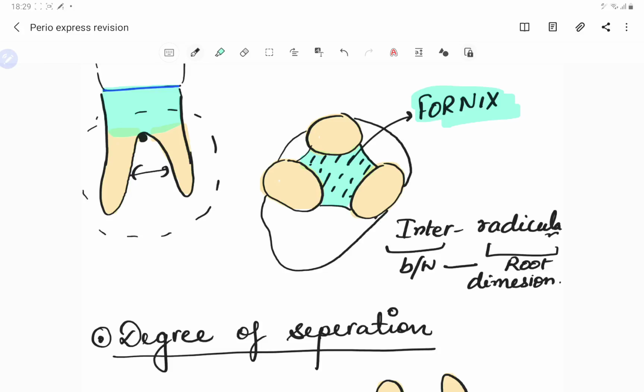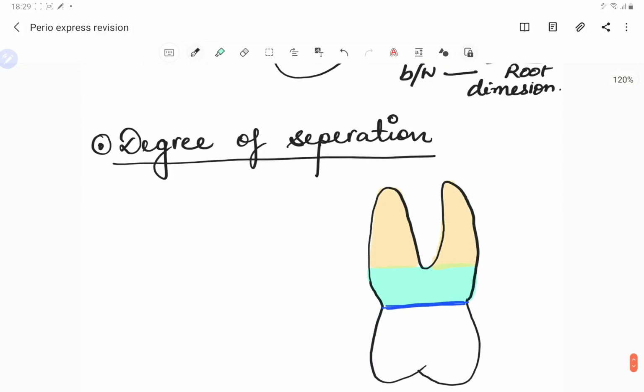The interradicular dimension plays a very important role, because if the roots are fused or very closely approximated, it is difficult to do scaling and root planing or any surgical procedures.